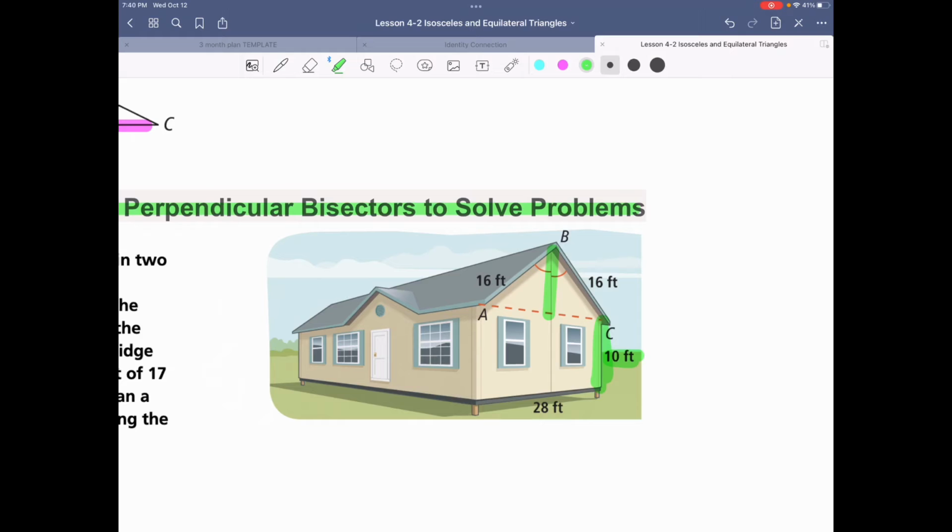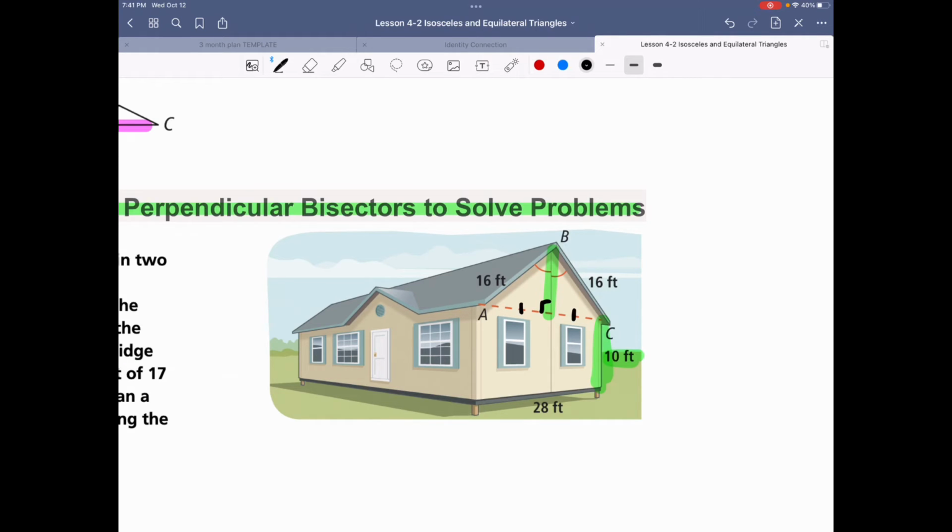Well, using the perpendicular bisector theorem for isosceles triangles, we can say that this side and this side are equal in measure, and if we have a right triangle right here, we can use the Pythagorean theorem to figure out the height of that triangle.